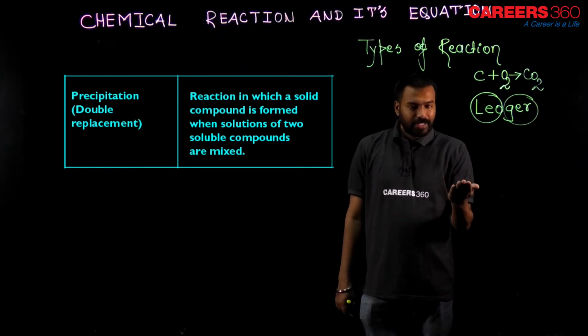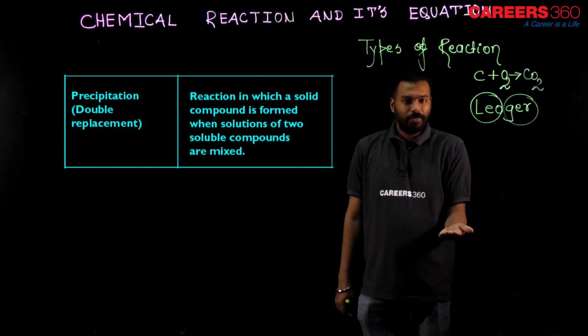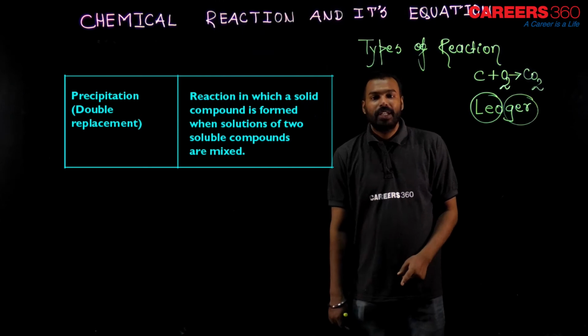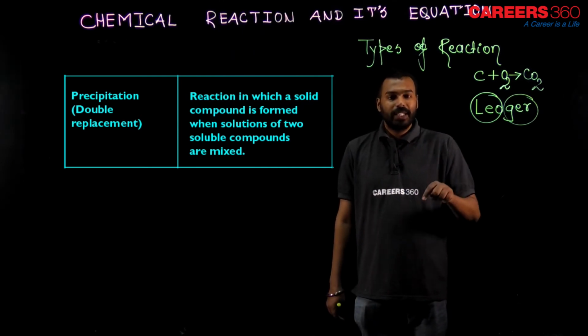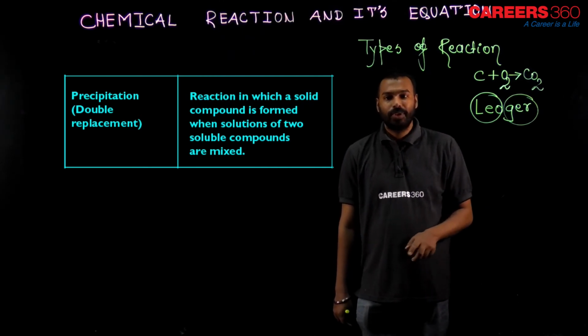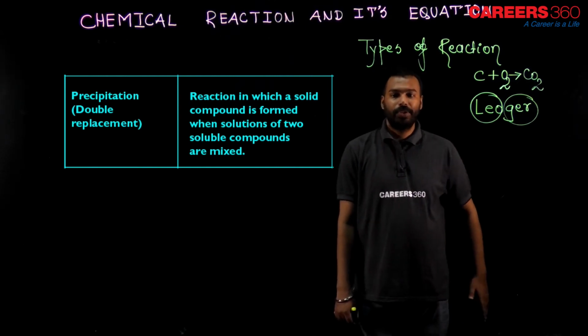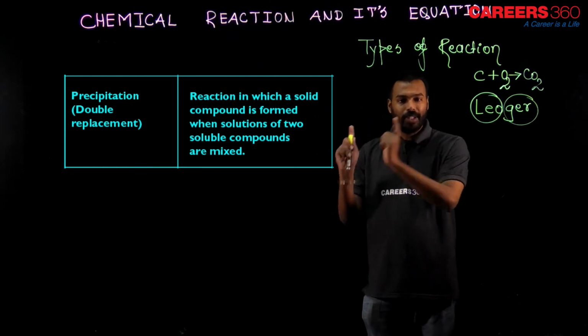After leaving it, it will settle down at the bottom. That is a precipitate. Such a reaction in which a precipitate forms, which is not able to dissolve in the solution, is called precipitation reaction. I will surely shoot a separate video on this topic. Let me show you the next type now.